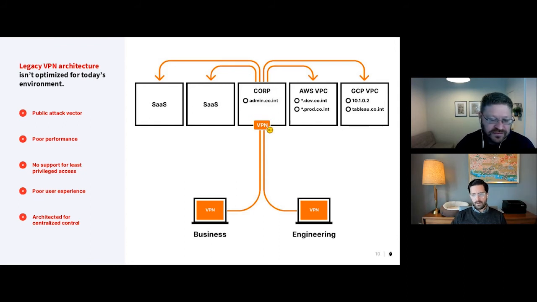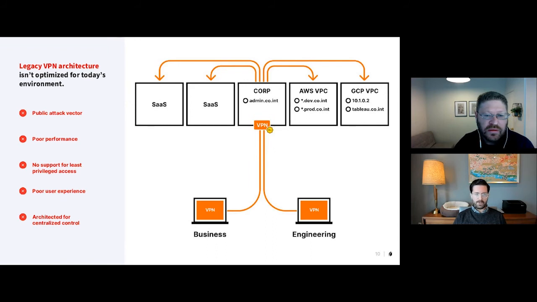But from our standpoint, if you're just thinking about this from a security standpoint, what we see is the biggest issue with VPN is that the technology requires the VPN gateway, which we intentionally put in this slide right on the boundary of that corp network. It requires a VPN gateway to be public and have a public IP address.